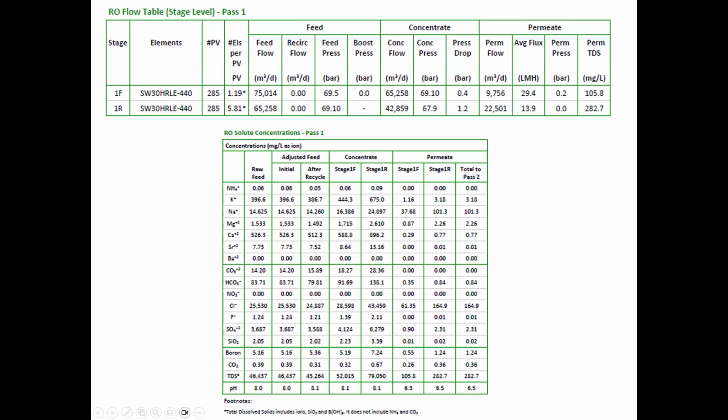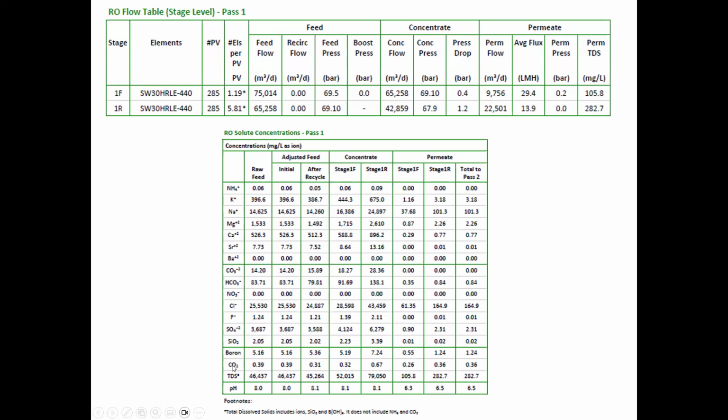I want you to specifically target boron. The boron concentration has to be less than 0.5 milligram per liter. When you design the first pass, your boron concentration would be higher than your drinking water guideline or your design parameters guideline.